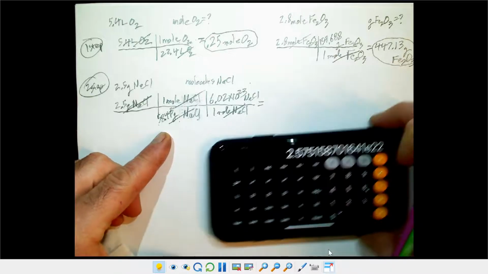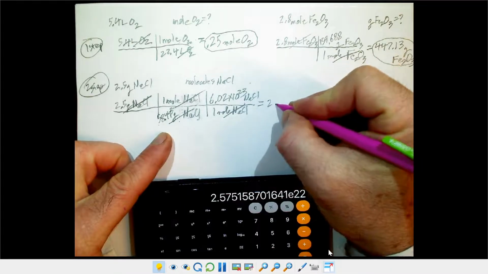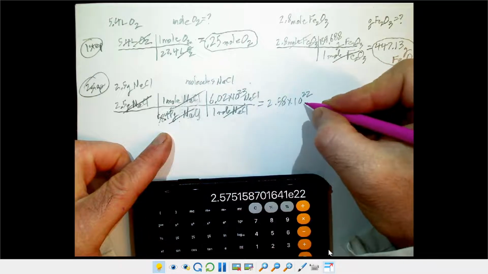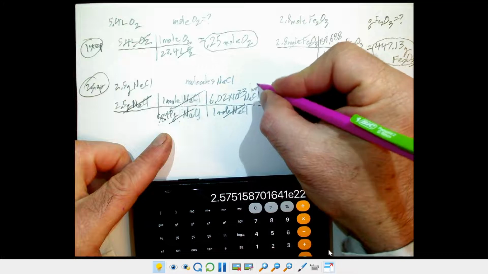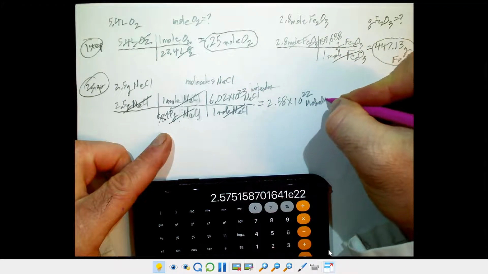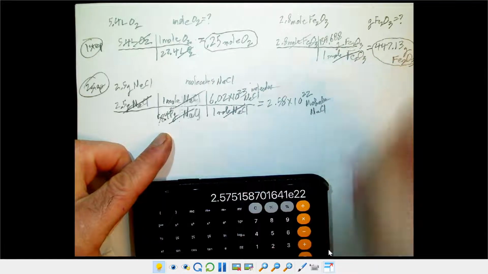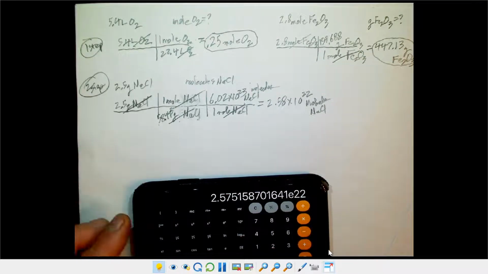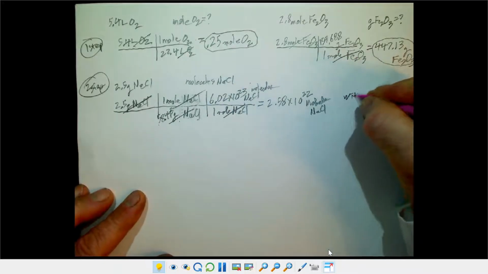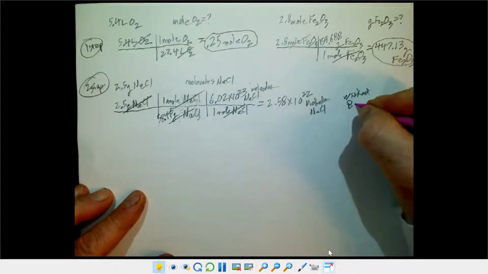And that gives us 2.58 times 10 to the 22nd power, and that's going to be molecules of NaCl. All right, so there you go. That's how you would do a two-step problem without an equation. So this is without a balanced equation.